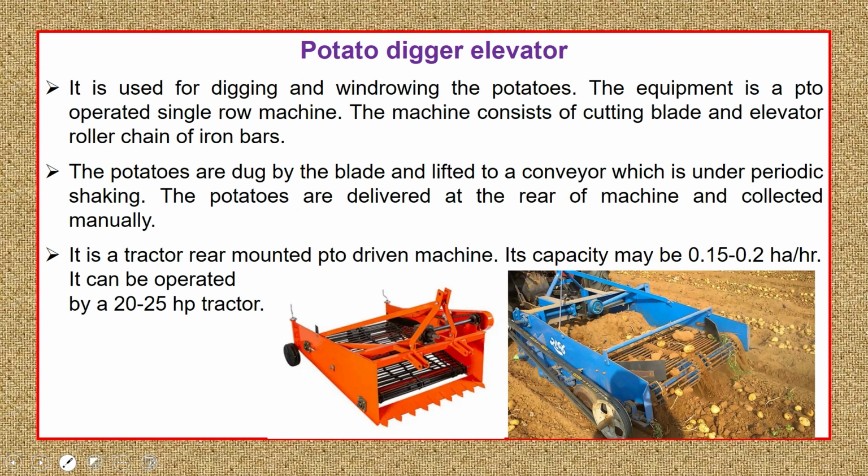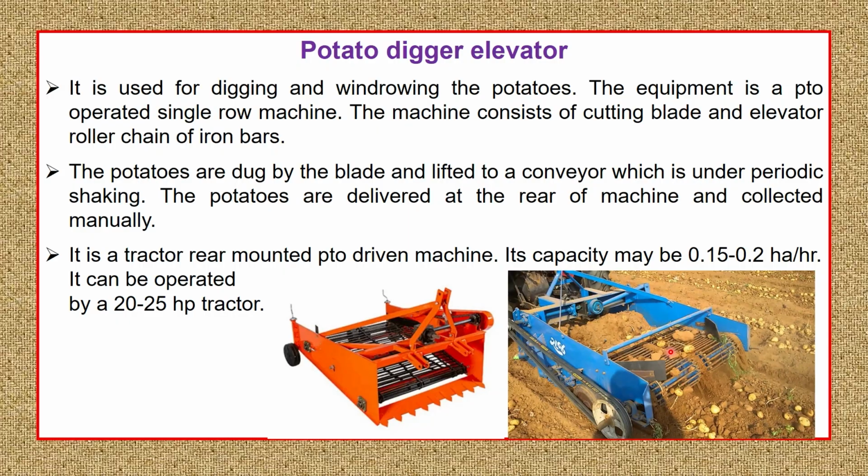Similarly, potato diggers are also there. The potato diggers are used to dig the potato crops in the potato field, and here also there is a digging blade. It digs to a depth below the root zone of the potato plants and lifts the entire mass of soil along with the potato plants and potatoes. The entire mass comes to the conveying chains, which are provided with articulations or some kind of vibration or shaking, and have slots.